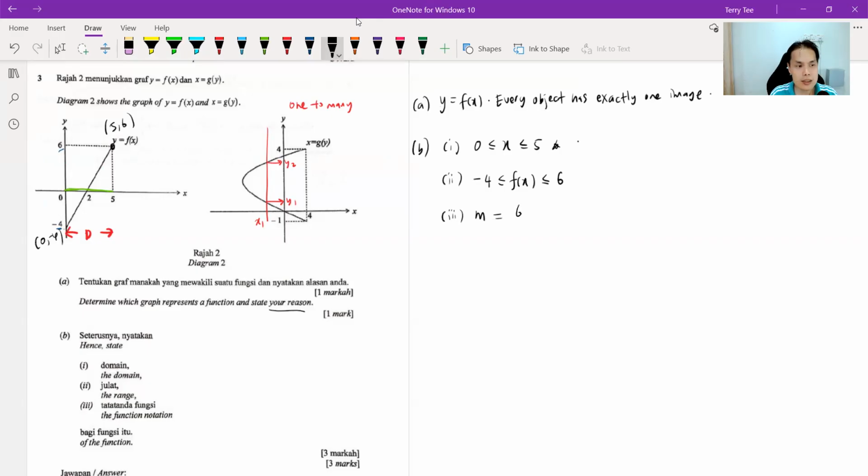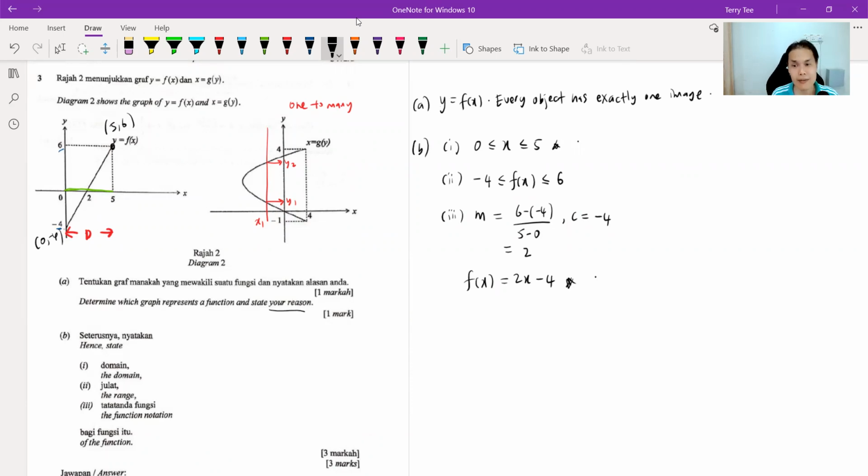So we can use 6 minus -4 over 5 minus 0, that will give us 2. My gradient is 2 and my y-intercept is -4. So when you use y equals mx plus c, your f(x) is 2x minus 4. That's all. So that's your function notation.